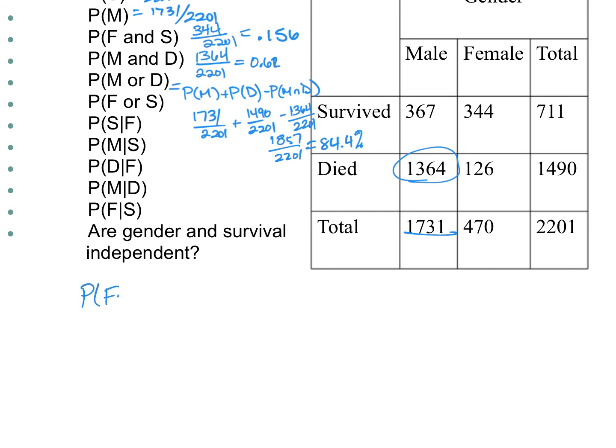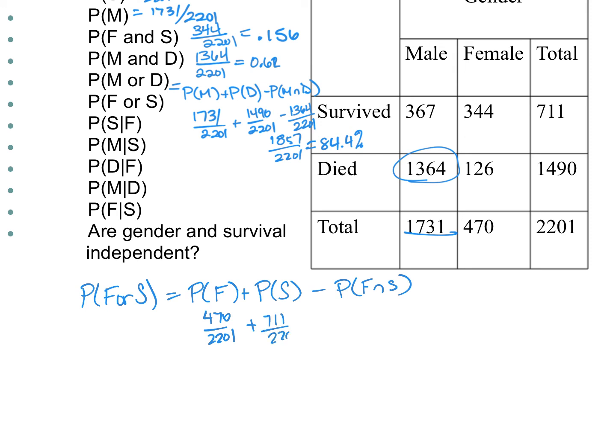So we're going to do 470 over 2201 plus 711 over 2201 minus female and survived, which is 344 over 2201. 470 plus 711 minus 344 is 837 over 2201. 38.1% or 0.381.